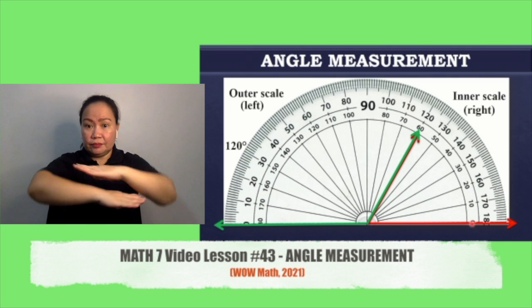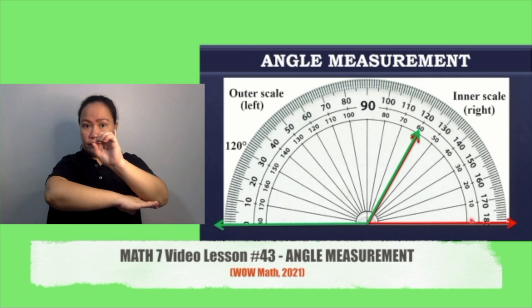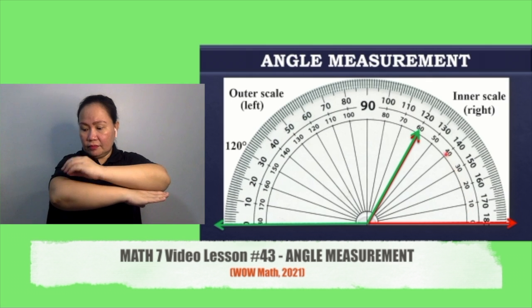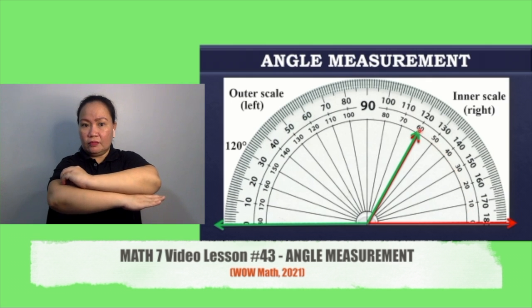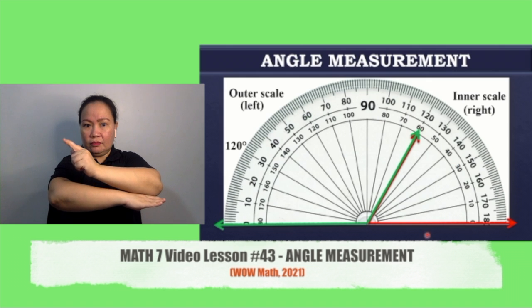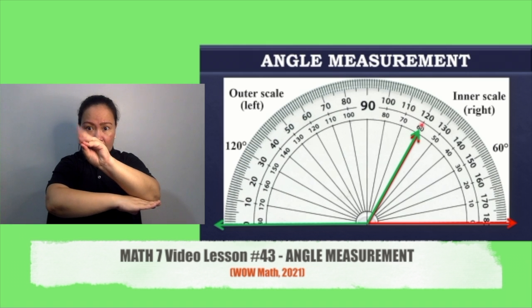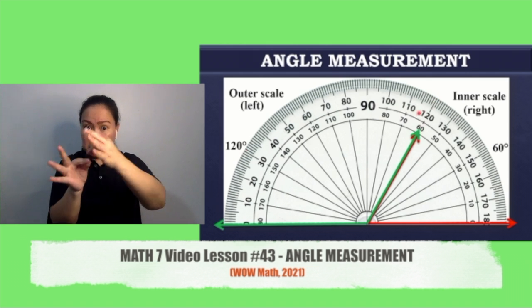Ang scale po na gagamitin natin ay yung inner scale, itong nasa loob. So, galaw, mag-move siya, magro-rotate, dito siya titigil. Okay? So, ito pong angle na to, itong red, this is 60 degrees. So, as you can see, pareho sila ng tinapatan, pero magkaiba sila ng degrees.